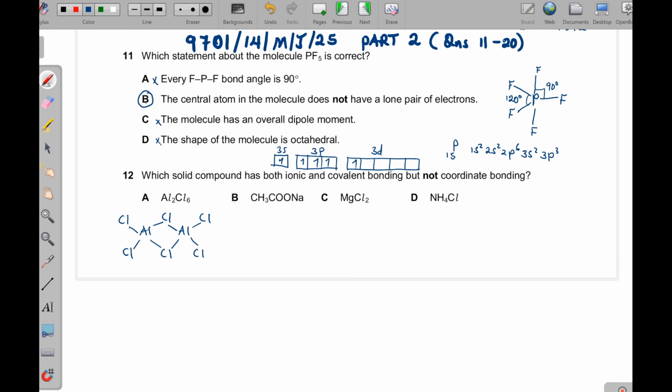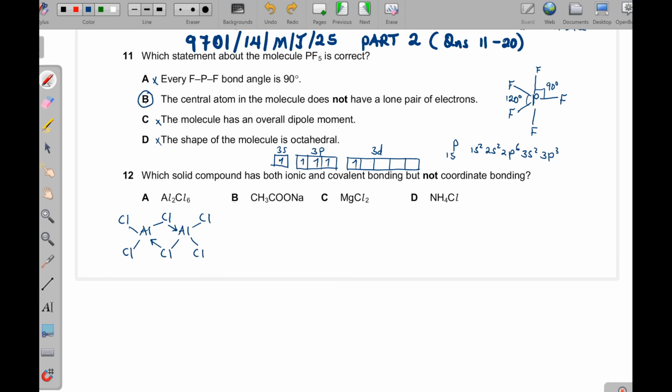But because of the high charge density, this aluminium is going to be electron deficient. So what happens is that one lone pair in chlorine here is going to be shared with this aluminium, and also this one will do the same, and they share. There is a mistake in the drawing here; this one has to be this and that.